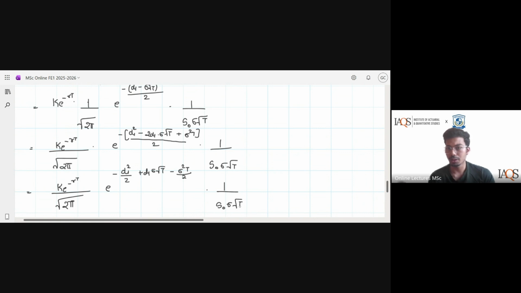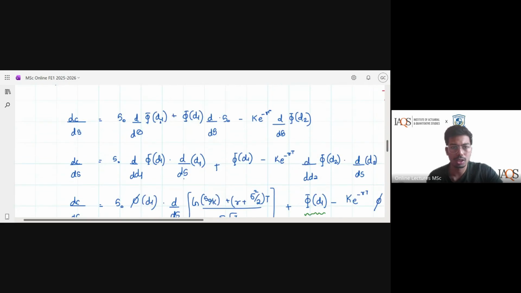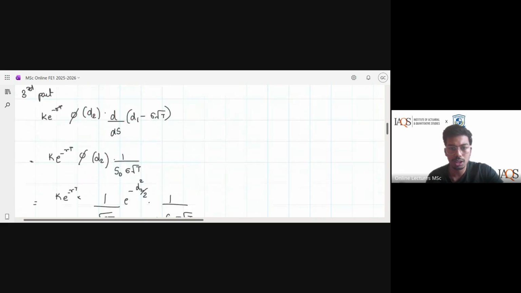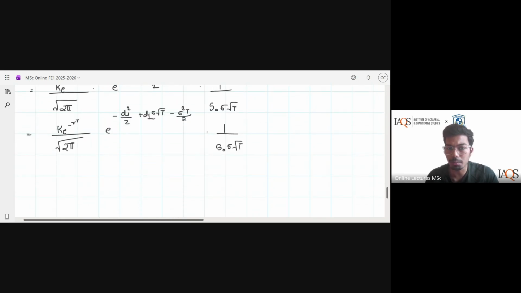I've just opened the minus and divided 2 across. Any confusion over here? Now I know the equation of d1 is log of s0 by k plus r plus sigma square by 2 t upon sigma root t. If I shift sigma root t to the LHS, d1 sigma root t will be equal to log of s0 by k plus r plus sigma square by 2 t. I have a d1 sigma root t over here.